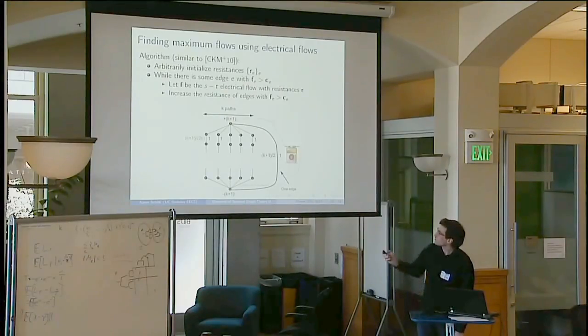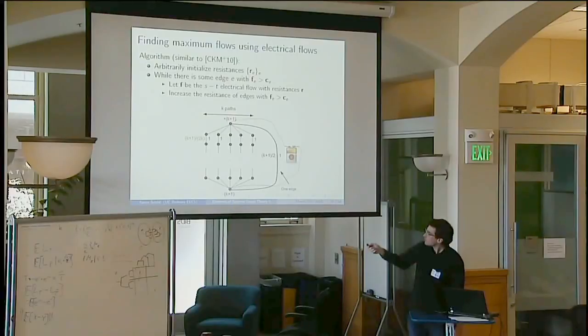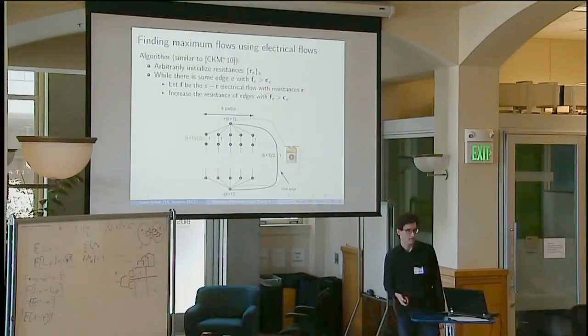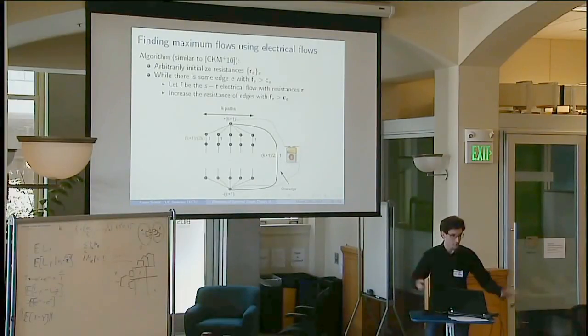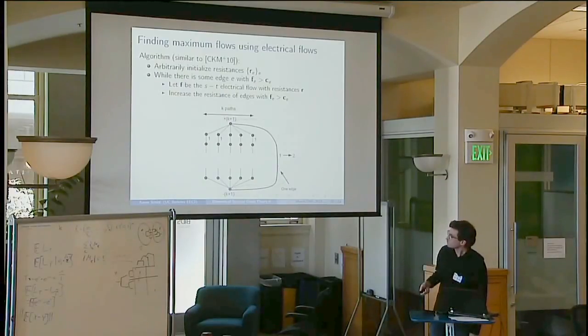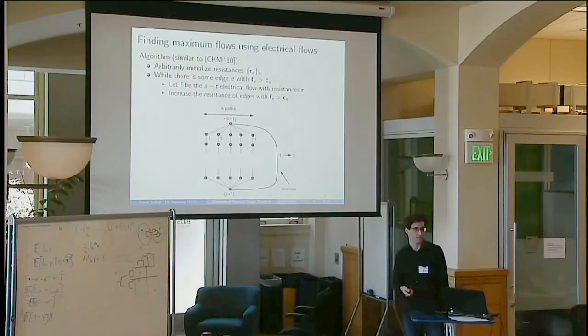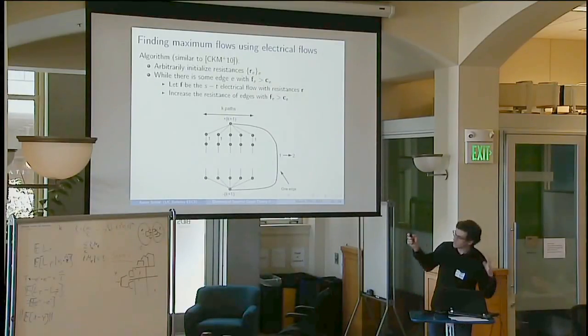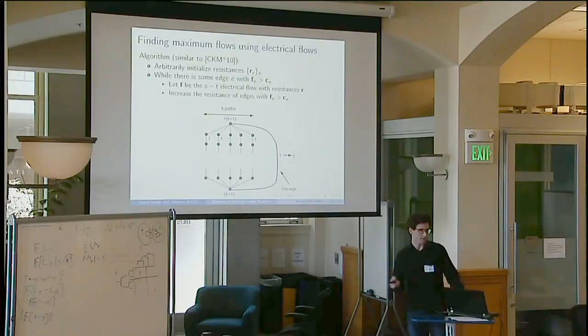Then compute an electrical flow between S and T. If all of the edges are below capacity, then we're happy. We found a low congestion flow. Otherwise, if you do have an edge that's over capacity, let's try to bias flow away from that edge by increasing its resistance a little bit.